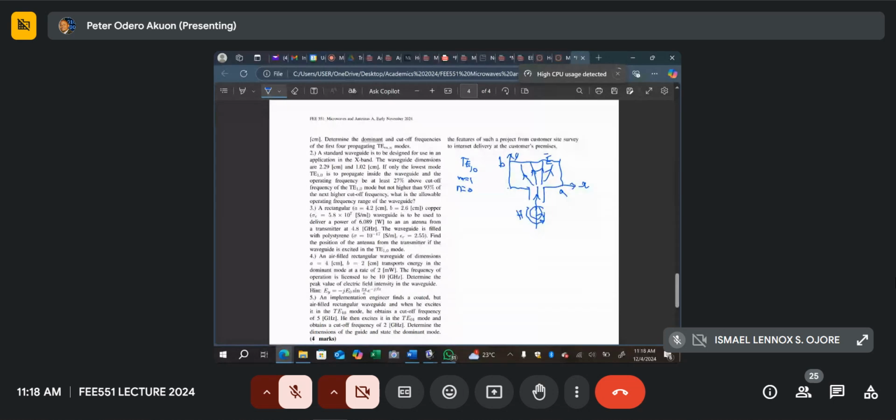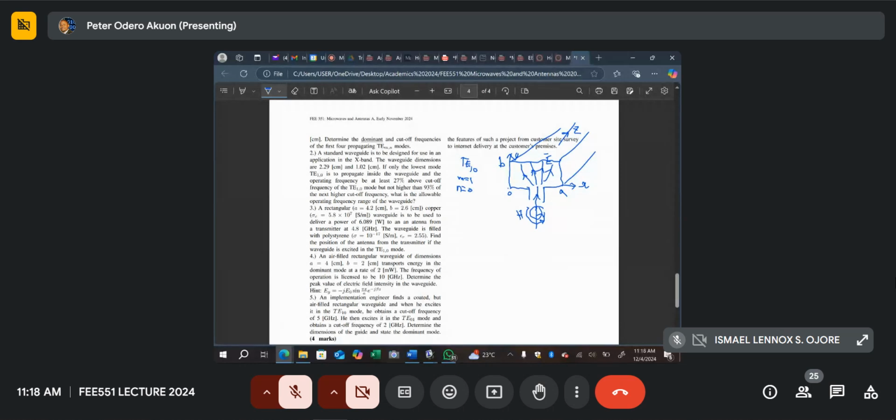So that will be the excitation for a TE. The point 0 is here in your rectangular waveguide. Z is in the other direction. So that will be the excitation of TE10.